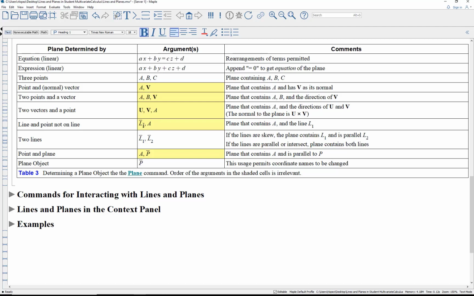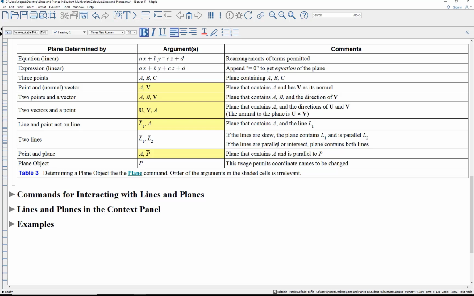A line and a point not on the line determine a plane. 2 lines determine a plane in the following sense. If the lines are skew, the plane will contain the first line and be parallel to the second line.